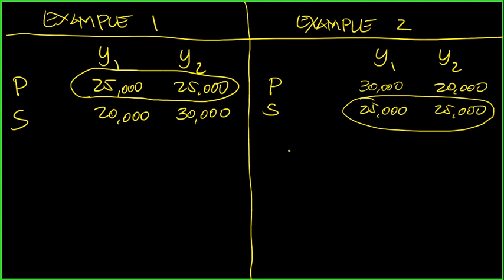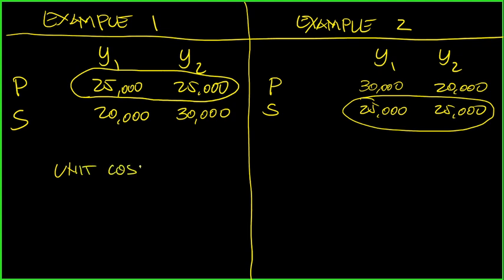Now, what I'd like you to do is pause this video and use the same information. The only things that changed are the production and your sales. And then you compute, what are the common questions again? You have your unit cost.